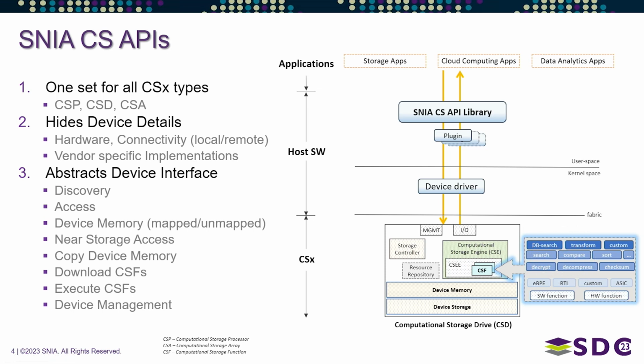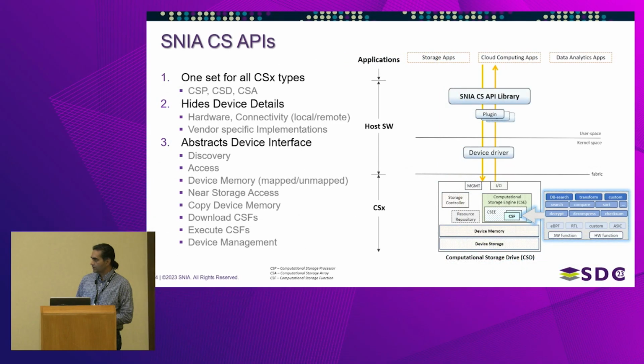These are not very specific to what SNIA is recommending, but are very generic and used in today's use cases: compression, decompression, encryption, checksum, some type of database search, and so forth. Below that, we also show it could be a software-based or a hardware-based function. It may be defined in an ASIC and so forth. So that is as far as the CSFs go.